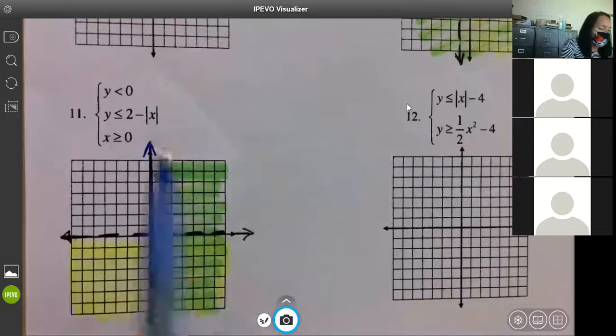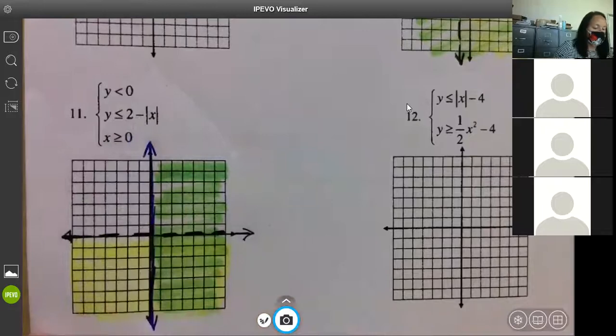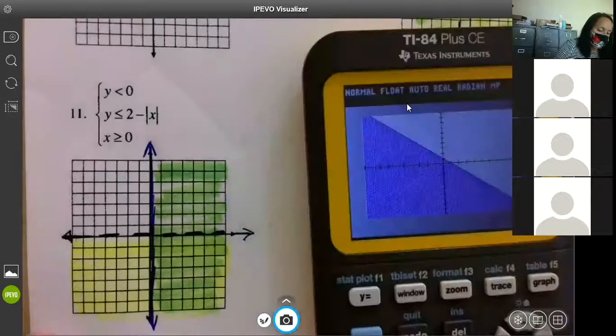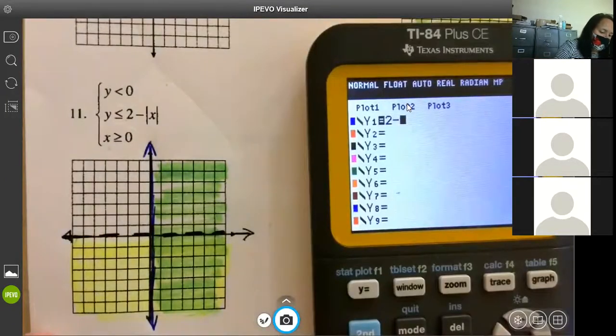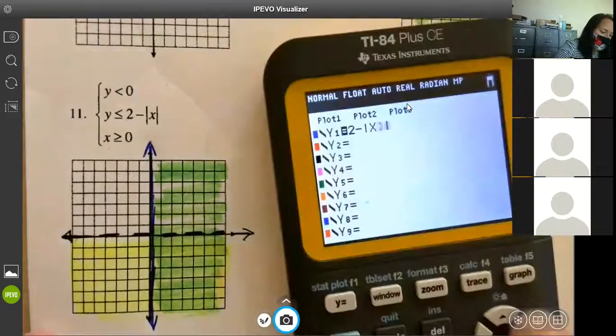All right. So then the last one is 2 minus the absolute value of x. If you need your coordinates, go ahead and get those. Y equals, clear all that out, 2 minus absolute value of x.